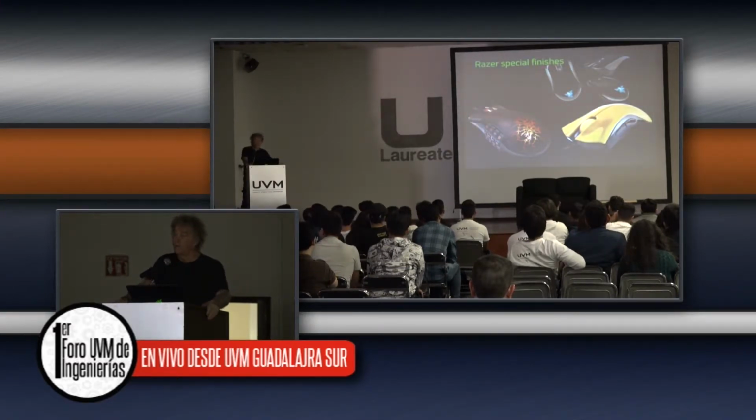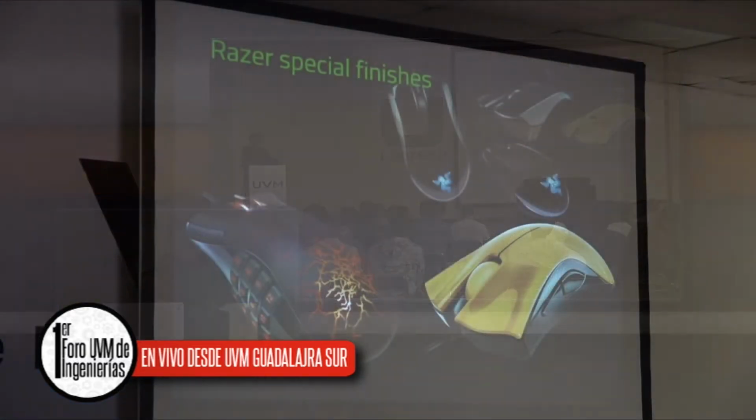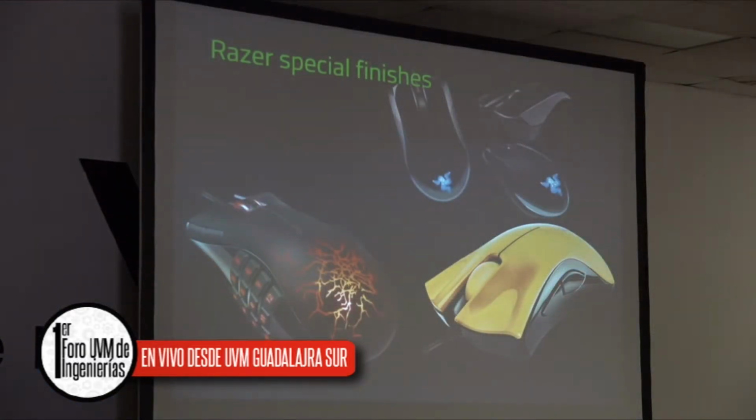The yellow mouse was actually a licensed product that we did, a whole bunch of licensed products for the Transformers movie. That was the Bumblebee mouse. The movie studio came to us and said, we want some mice and keyboards that look just like the bots in the movie. And we said, sure, we can do it, and we've done a ton of that.